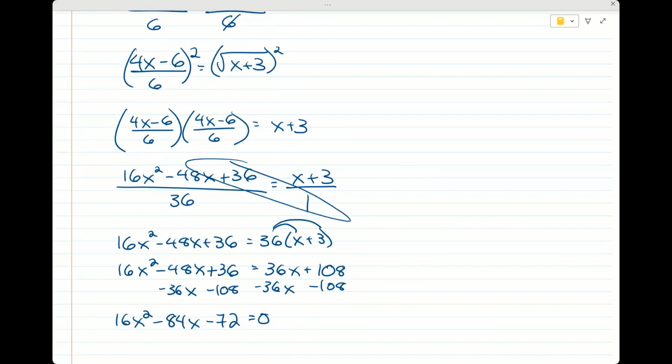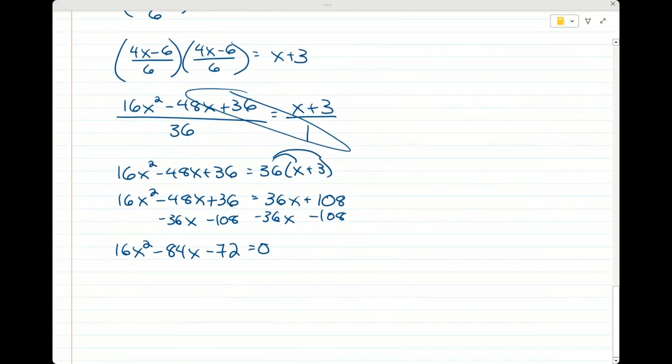So this is a monster now. I mean, the numbers are so big. At this point, it might not even be worth your time to try to factor it. So we have the shortcut called the quadratic formula. What I would do to finish this is just set A equal to 16, B equal to negative 84, and C equal to negative 72.